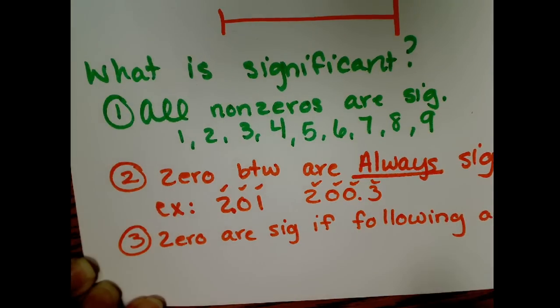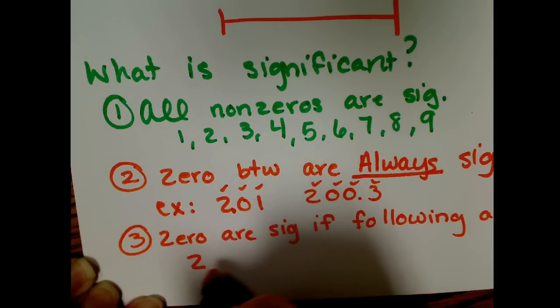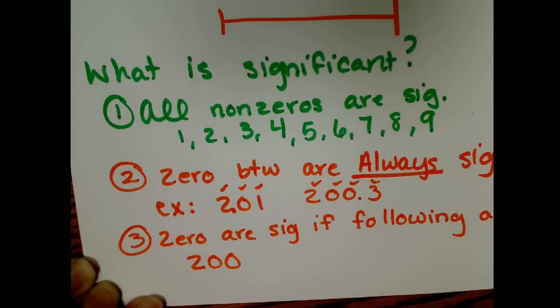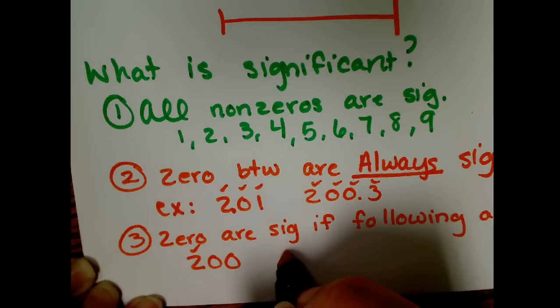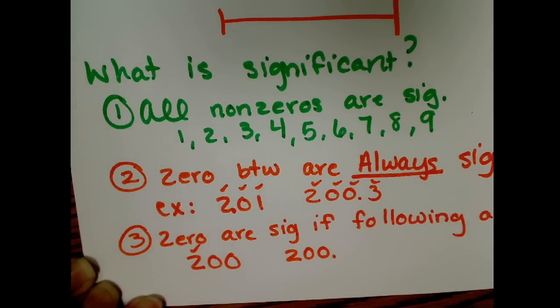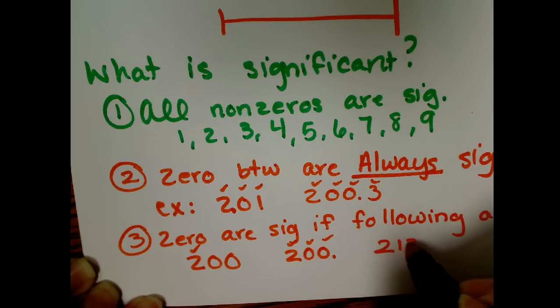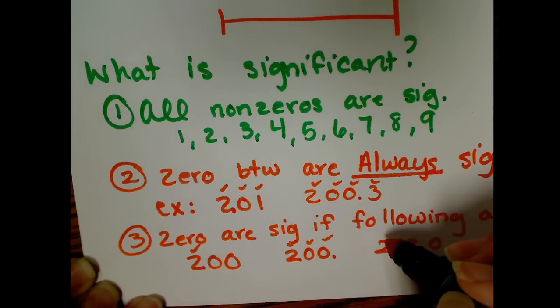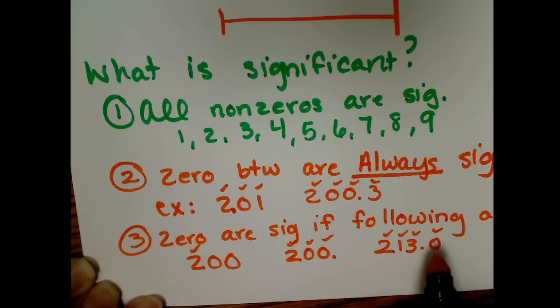If I have the number 200, I only have one significant figure because these zeros are following. If I have 200 point, all three would be significant. If I have 213.0, again, all four. That last one tells me how significant my piece of equipment is.